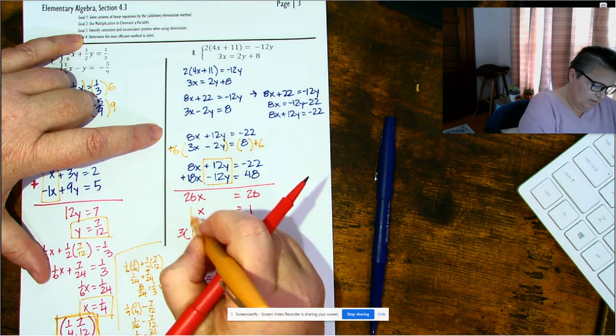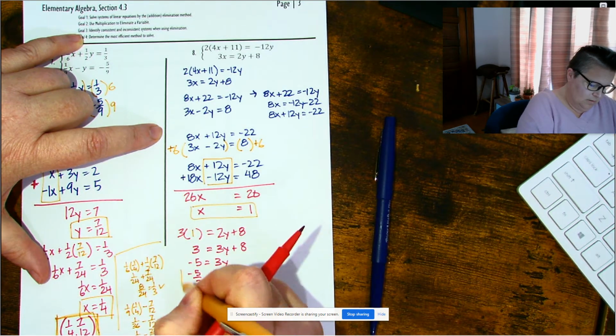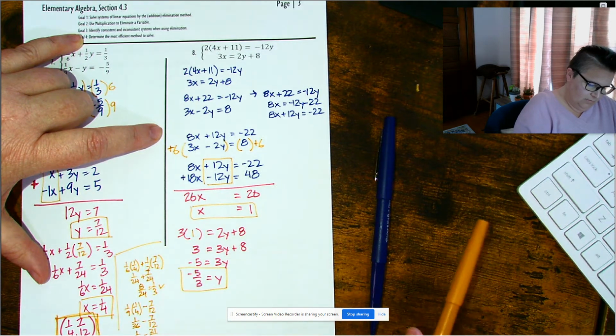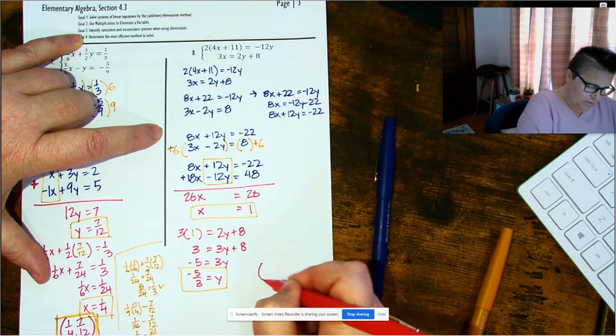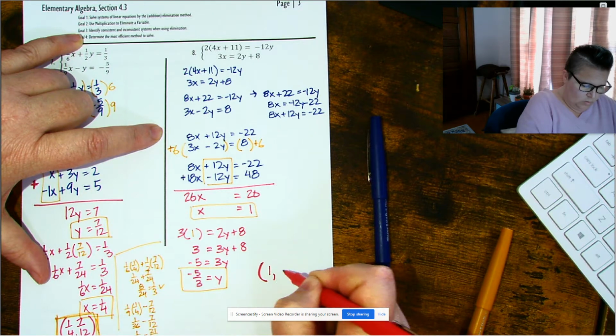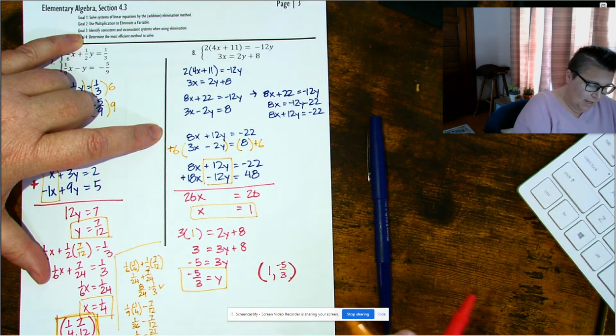So I think I have an x value of 1 and a y value of negative 5/3. So I believe that my answer is 1, negative 5/3. Now I can check that answer by putting them into the original equation.